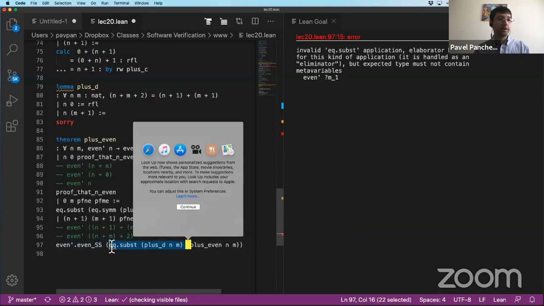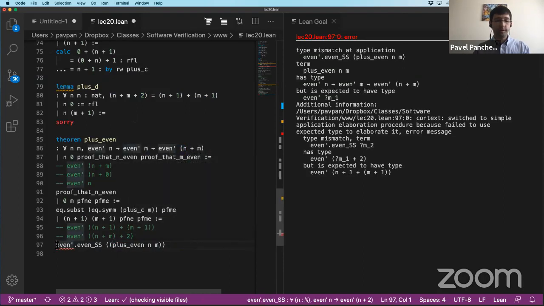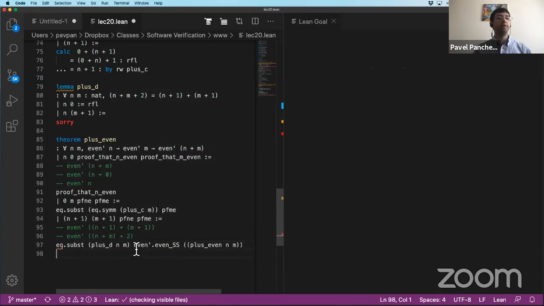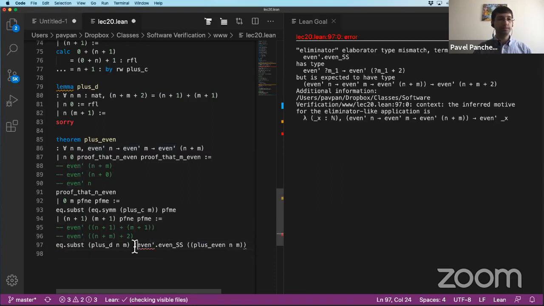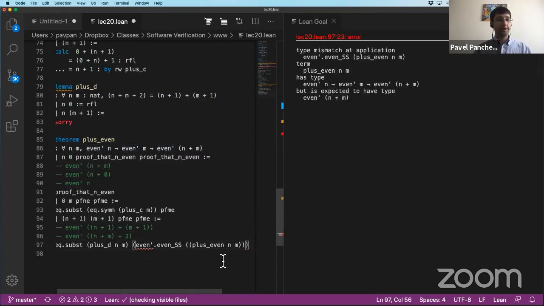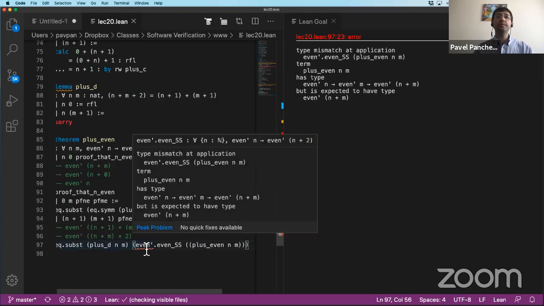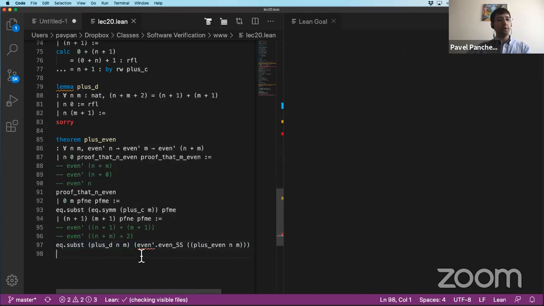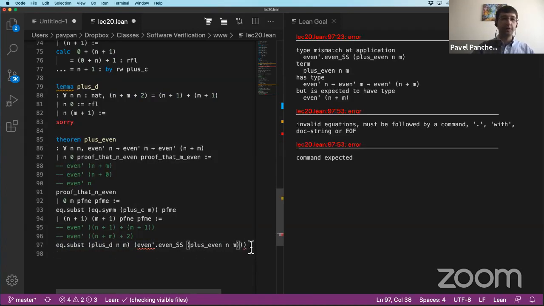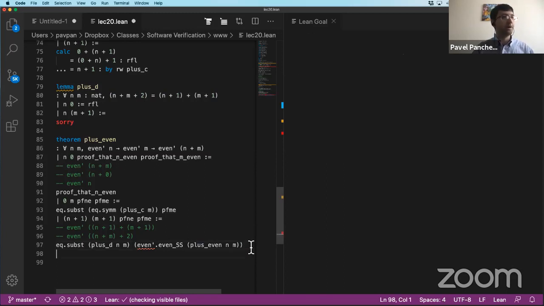And that should allow us to conclude that n plus m plus 2 is even. So that's what I was trying to do here. So I'll fix this up afterward.